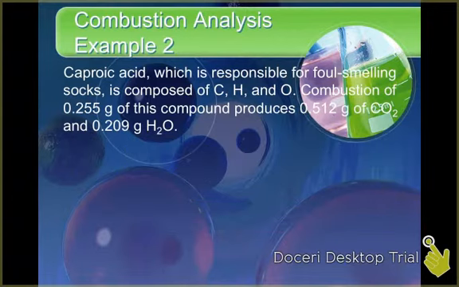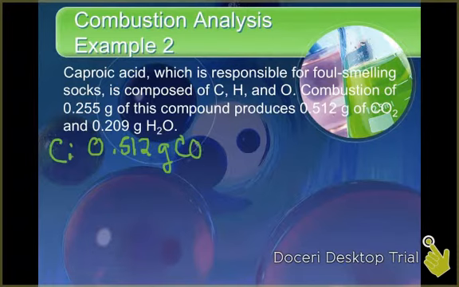So step 1 is we are going to convert grams of carbon dioxide into grams of carbon. For carbon, first step, we're going to write down 0.512 grams of carbon dioxide, and we are going to convert this into carbon. To do this, first of all, we have to go to moles.